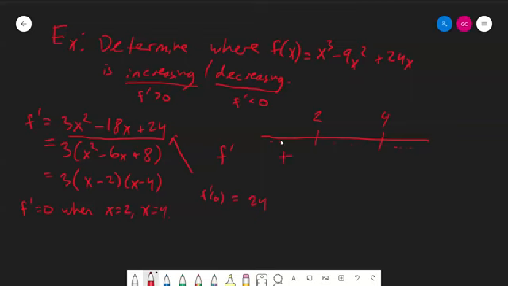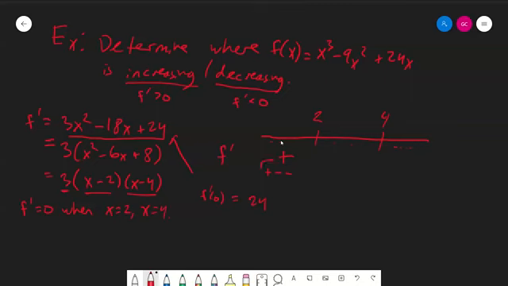I should get a positive no matter what number less than 2 I plug in. Why is that the case? If I take f prime of something less than 2, you're going to take 3 times x minus 2 times x minus 4. If x is less than 2, then I'll have a positive times a negative times a negative, so you get a positive overall. Some people will write that out, a positive times a negative, which gives you that positive.